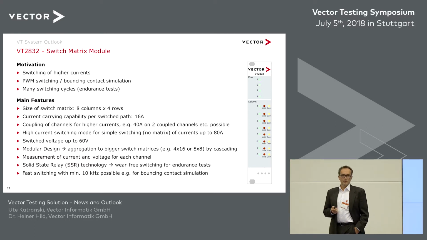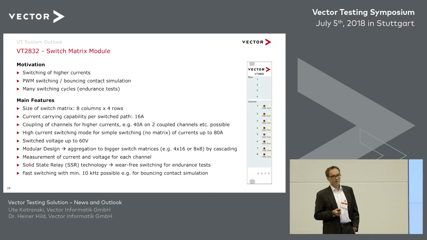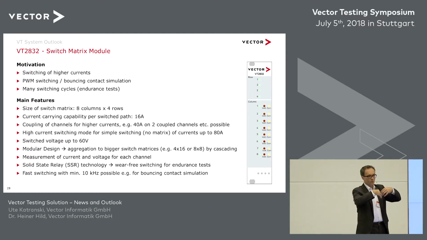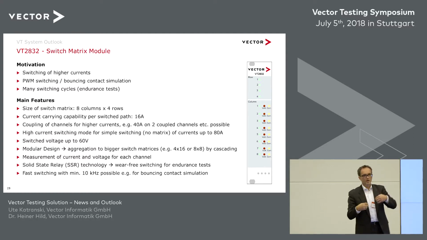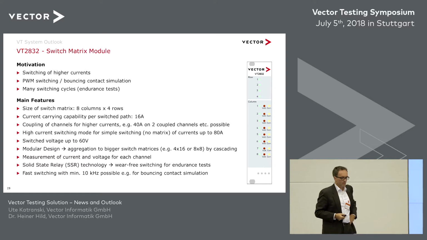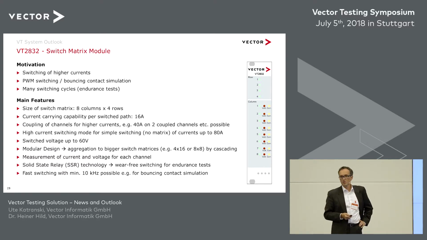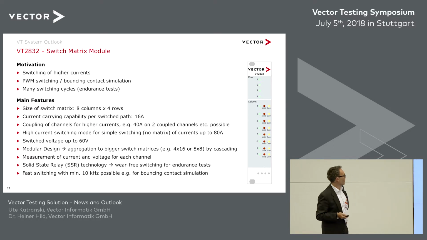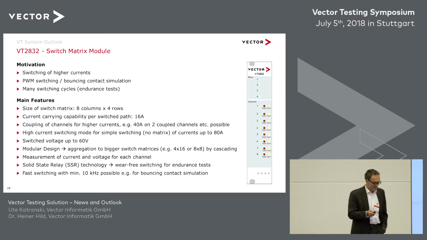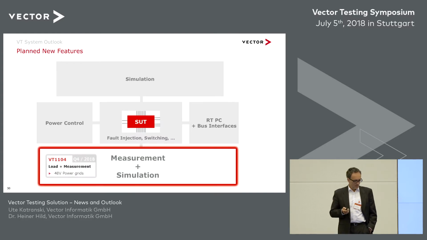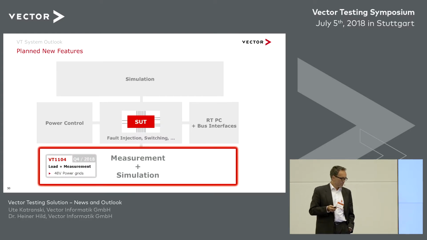Some information on technology. It's based on semiconductor relays, so that up to 60 volts we can switch the appropriate power levels. Then we have 2 intercoupled relays in order to run currents in both directions, so that you don't have to pay attention to the order or the direction in which you are connecting the test specimen. We hope to get it as open as we know it from other things.